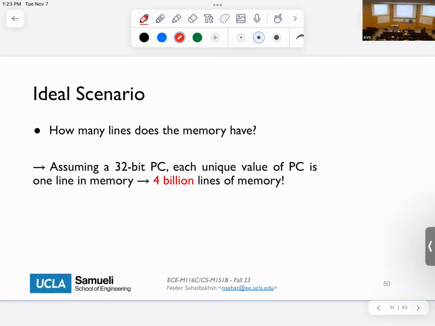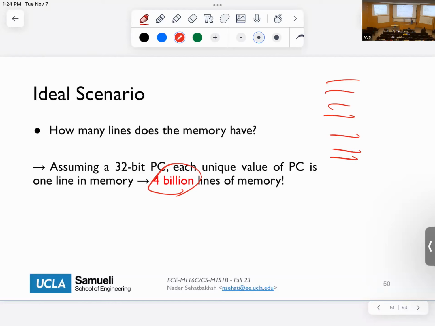In the ideal scenario, if I have all the lines for the addresses that I have, in other words, if I have 4 billion lines, then I won't have a miss, right? Because I have 2 to the power of 32 different addresses. If I have 2 to the power of 32 different lines, there is a one-to-one mapping between addresses and my memory content.